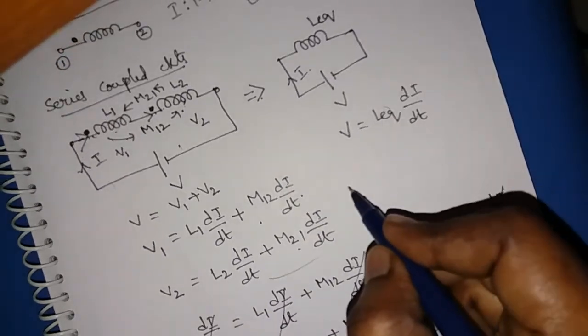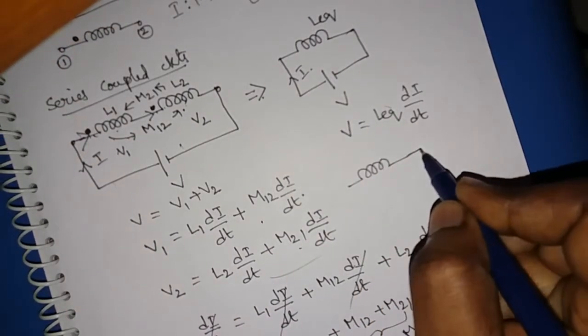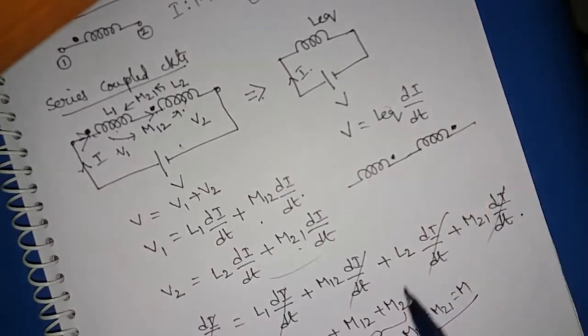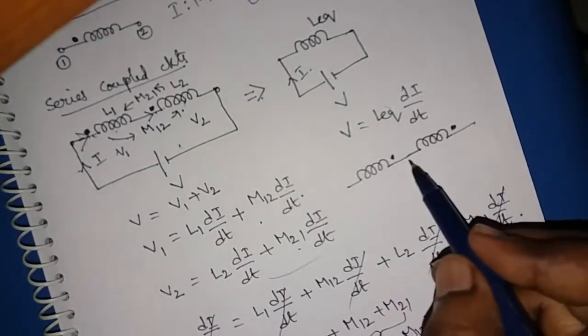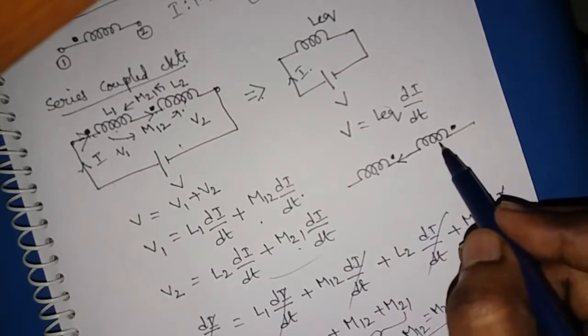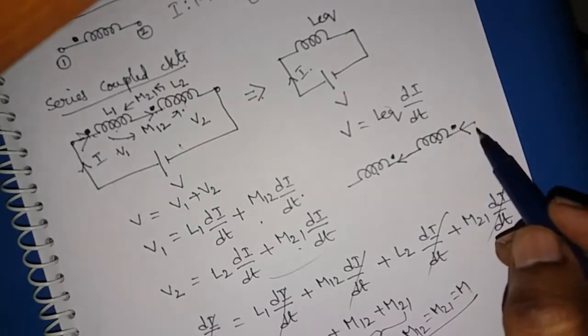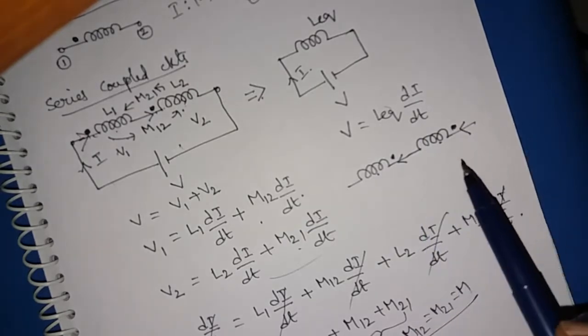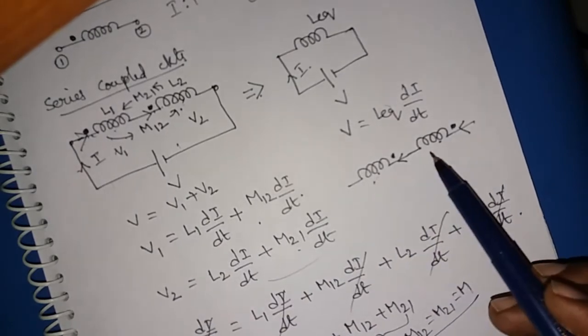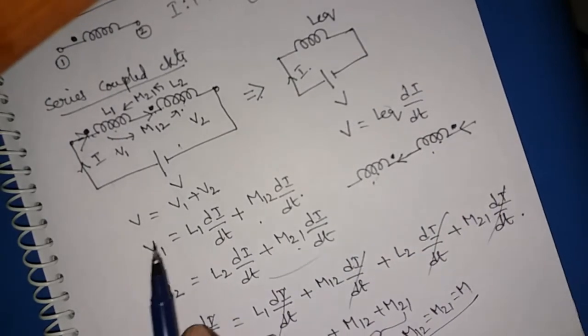If the two coils are coupled like this, with the dots placed here, the current starts at this terminal for this coil, and at this terminal for the other coil. So the currents enter at the same point for the two coils, and hence the two coils have the positive mutual effect.